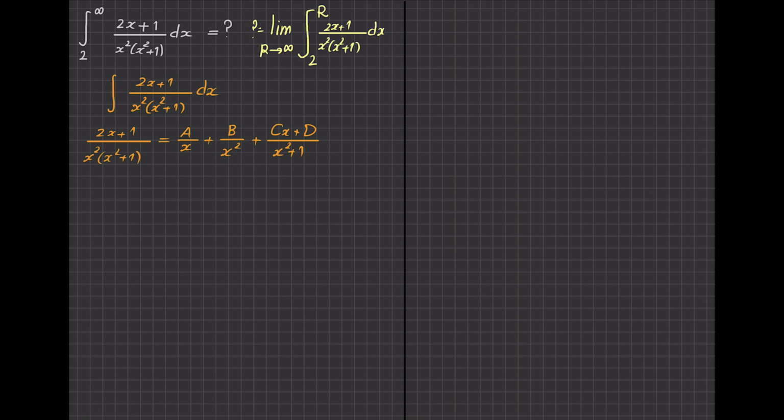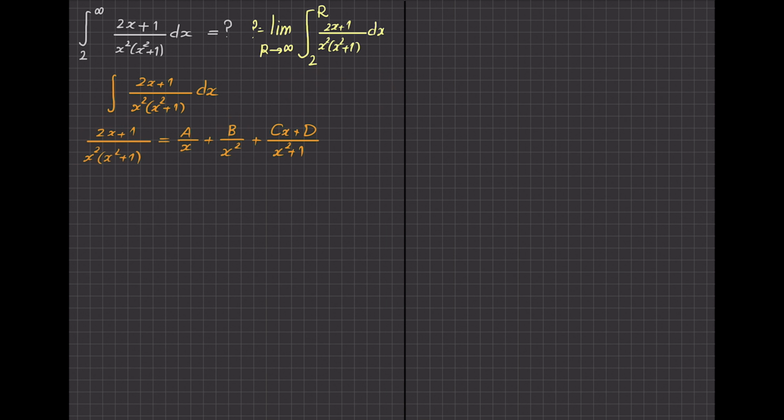Then I need to find A, B, C, and D. What we can do is multiply everything on both sides by x squared plus 1. If I multiply this on the left, this is cancelled, this is left. And if I multiply this here, x is cancelled, the leftover is multiplied by A. If I multiply that expression here, x squared is gone. What is left is supposed to be multiplied by B, and the same thing for the third fraction.